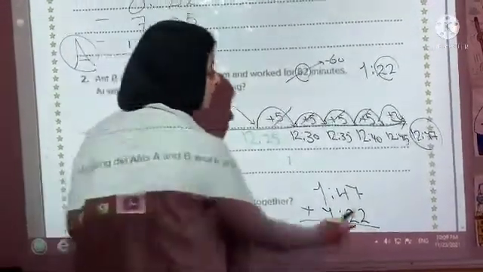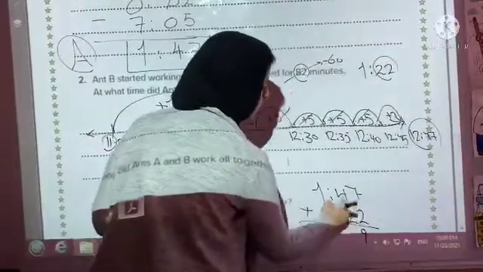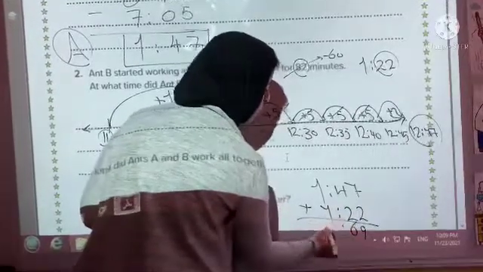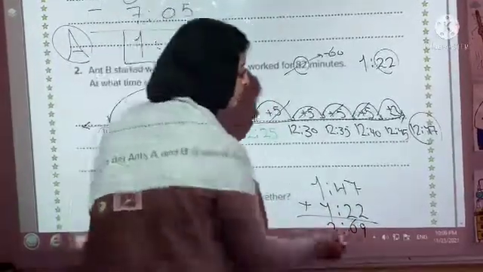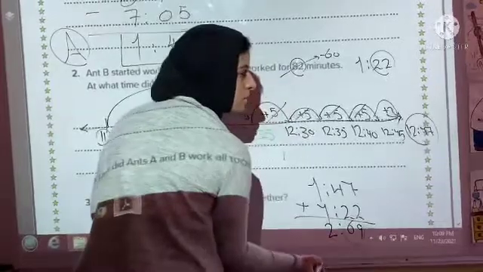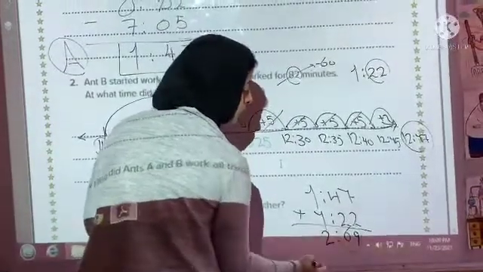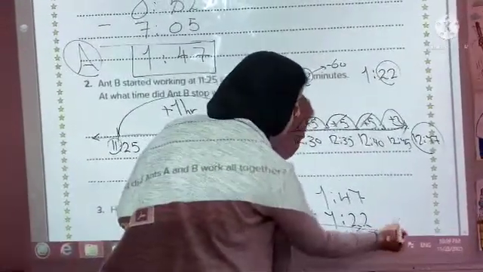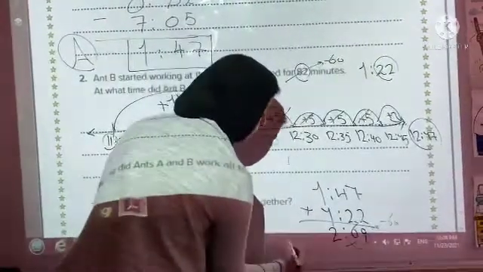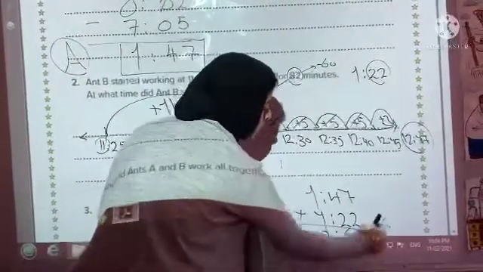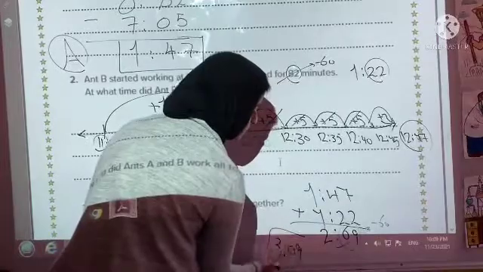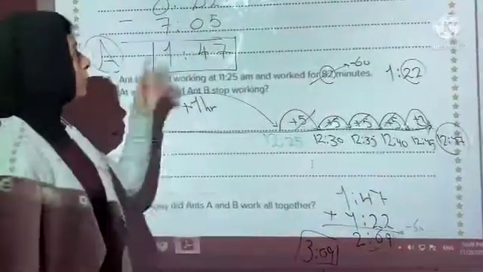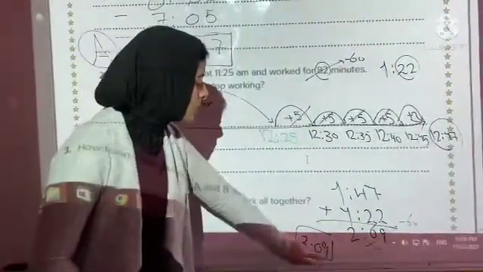Now make it plus. 7 plus 2 will be 9. 4 plus 2 will be 6. 1 plus 1 will be 2. But I have something tricky here. I can't put 69 in the place for minutes. So I'm gonna subtract 60. It will be 3, and 69 minus 60 will be 9 minutes. So they worked together for 3 hours and 9 minutes.